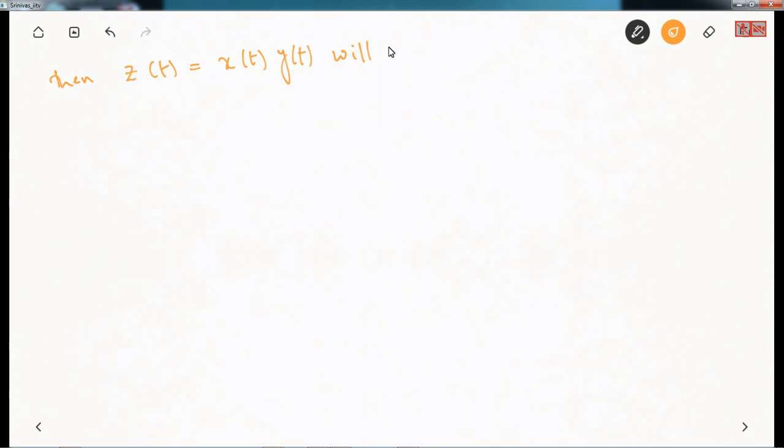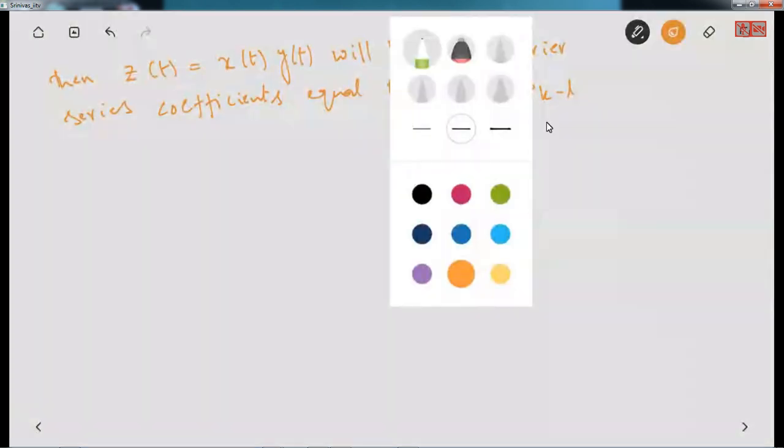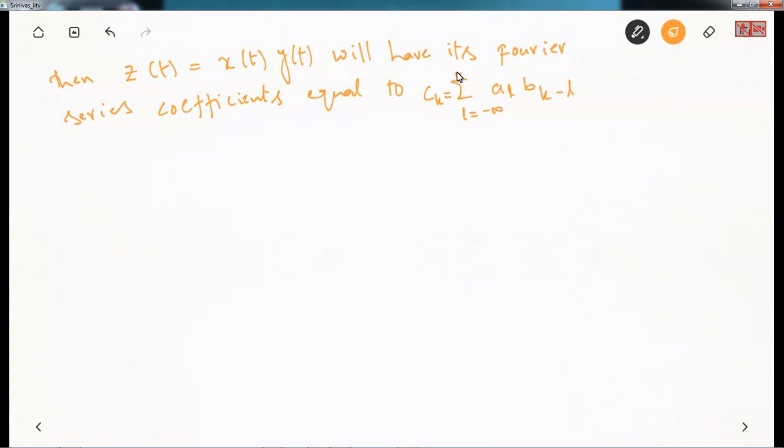Then z of t will have its Fourier series coefficients equal to c_k is equal to the sum of a_l b_(k minus l), where l equals minus infinity to plus infinity. Yes.